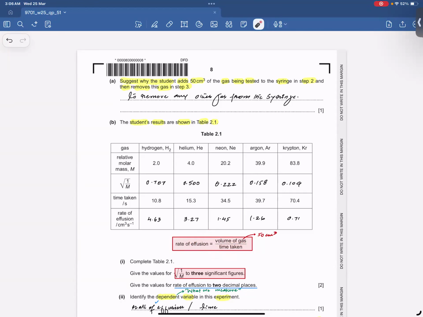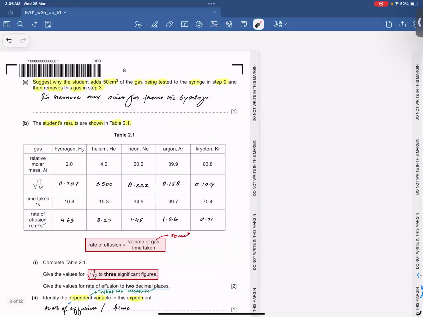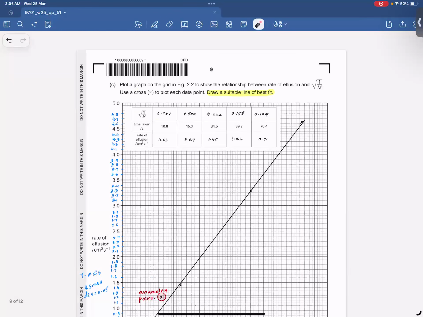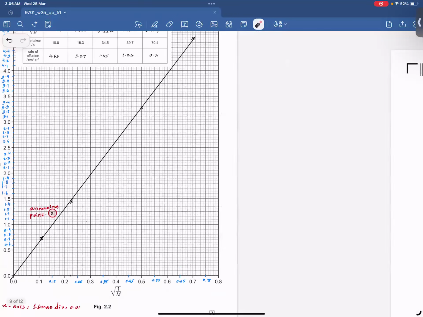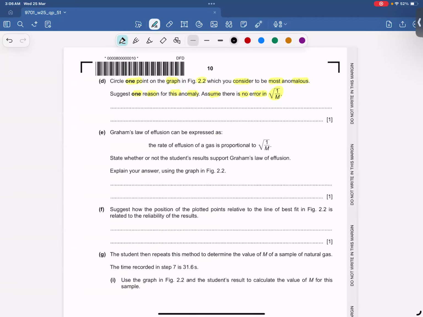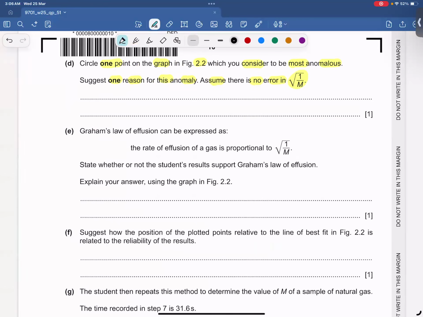All right. I think that's the only appropriate reason. Okay, that's the only thing. Rate of effusion is higher than expected. That's the only thing I can think about.